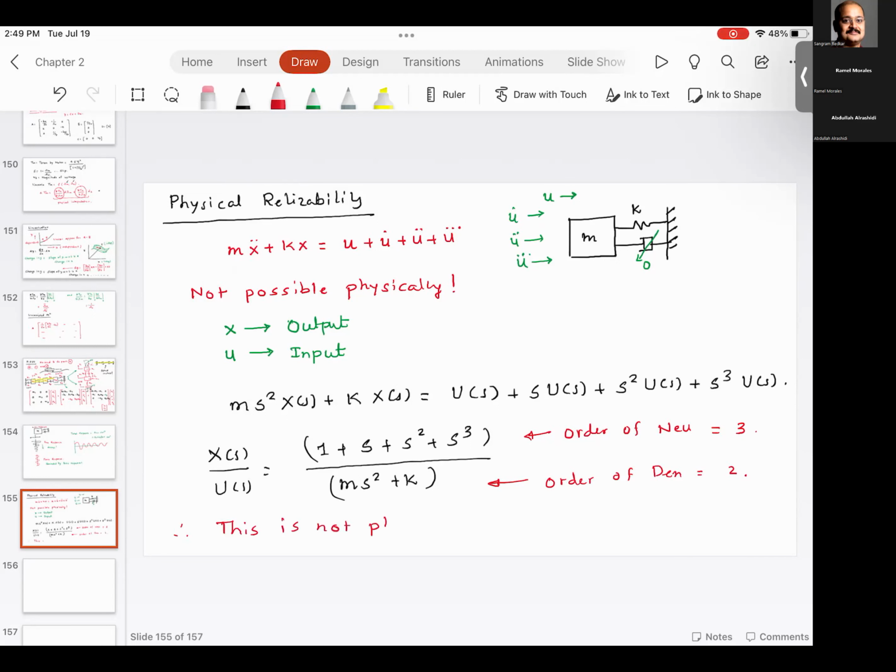Now, I would encourage you to construct such a hypothetical system or transfer function in MATLAB and try to run this and just check what happens.